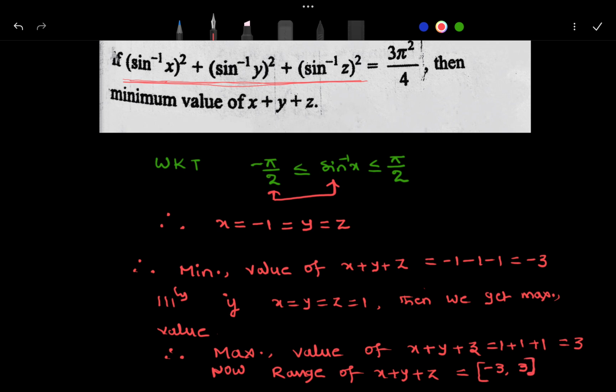Now the same question in various ways you can observe in the examination, that is the number of integral values of the range of x plus y plus z. So number of integral values means the integers from minus 3 to plus 3. Just by counting you can find the required number of integers.